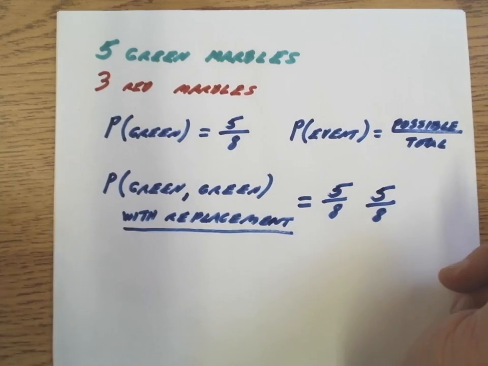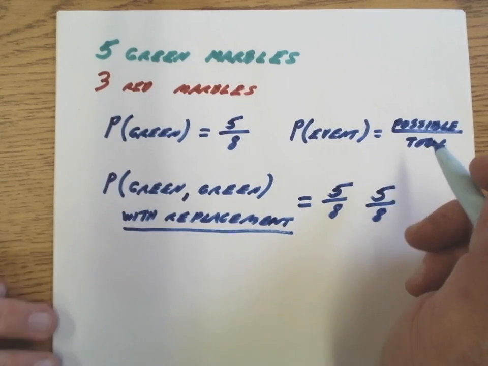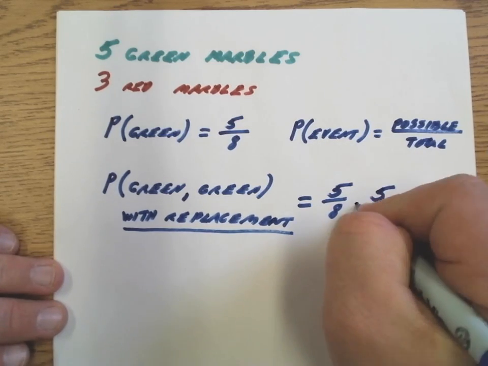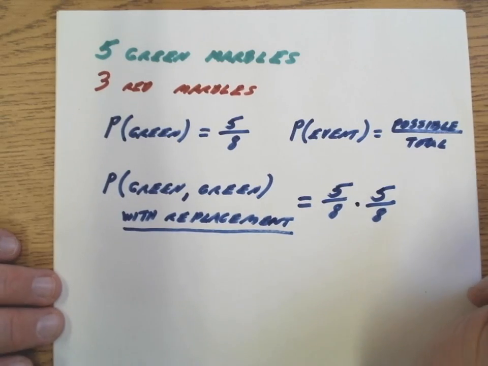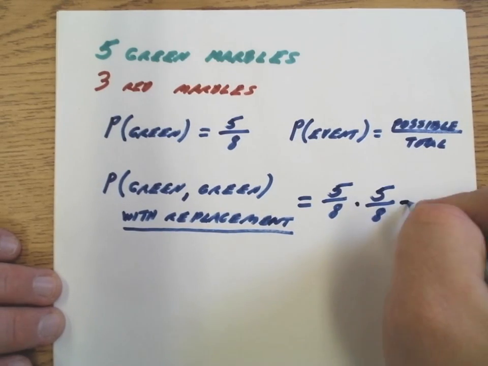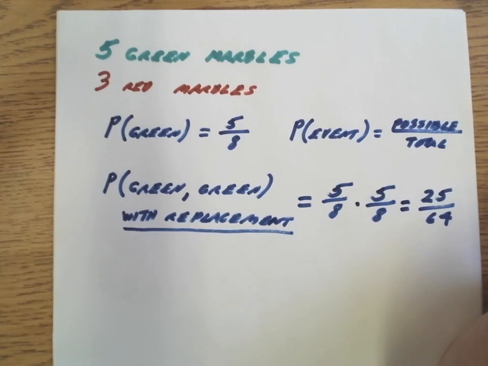Now, what I do in this case is, this is a compound probability problem. I'm doing more than one thing at the same time. So I'm going to multiply these, and that's how you do compound probability problems. So 5/8 times 5/8 would give us 25/64, and that's the probability. Now, we could also convert this to a percent. 25 divided by 64 would give us a decimal, which we can then move 2 decimal places and change to a percent.